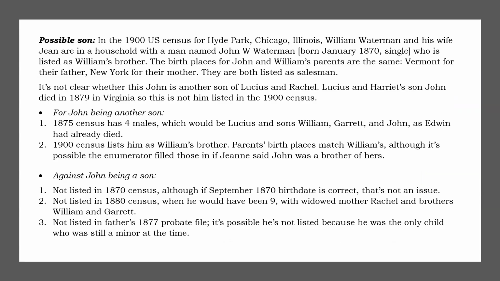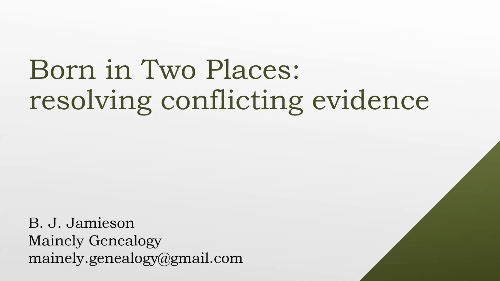Here's pro and con. I'm not expecting you to read all of this because it's too much, but just to show you how I will often do something like this, of here's why I think one thing and here's why I think the other. So that's sort of an introduction to conflicting evidence.